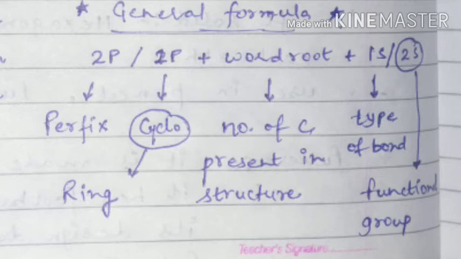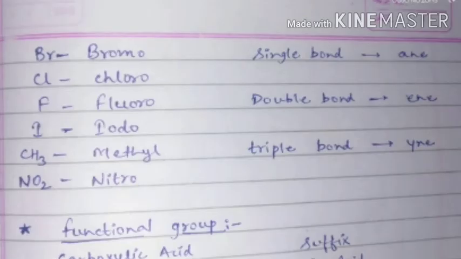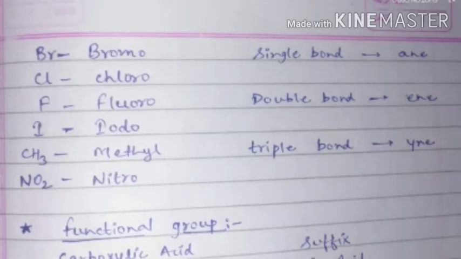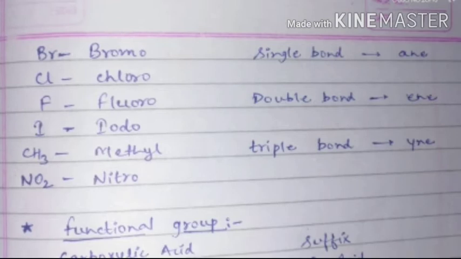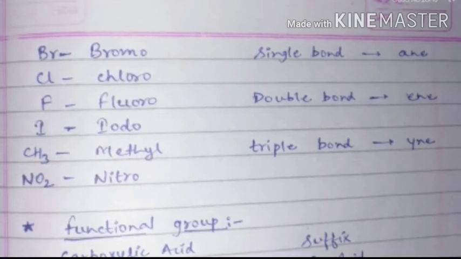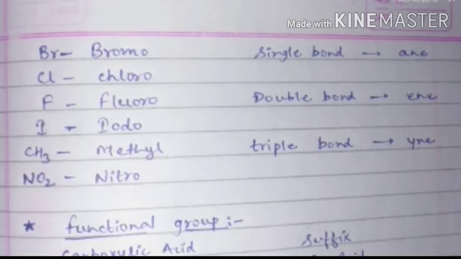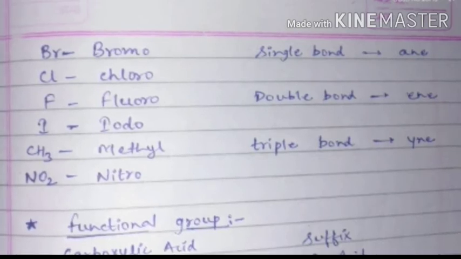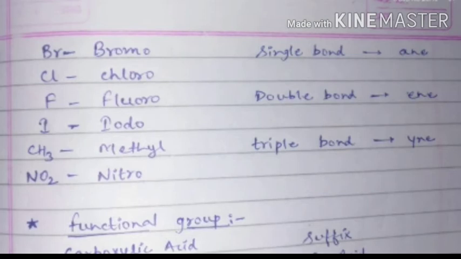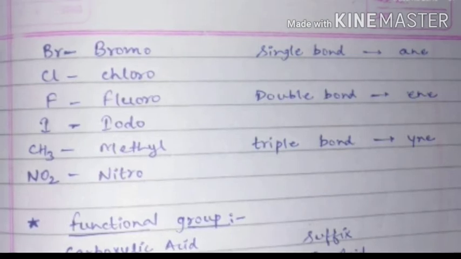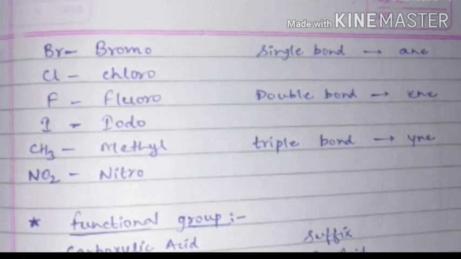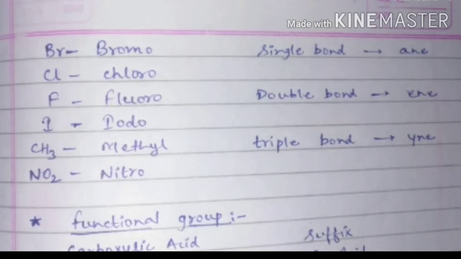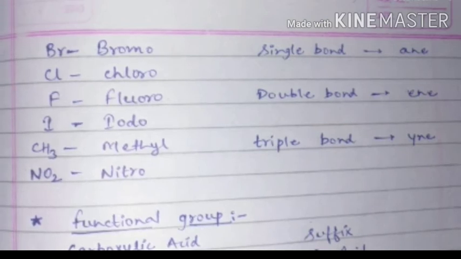One by one we will discuss these prefixes and suffixes. For the prefix, you can see the table I have given: Br for bromo, for chlorine we say chloro, for iodine iodo, for methyl CH3, and NO2 means nitro.